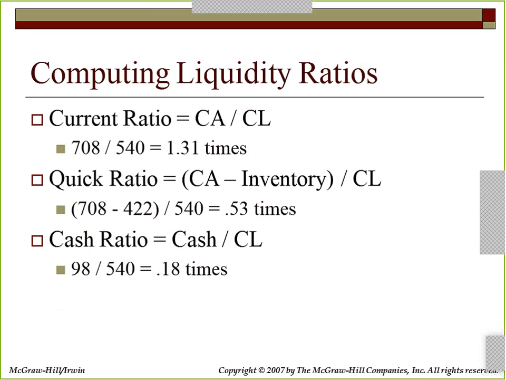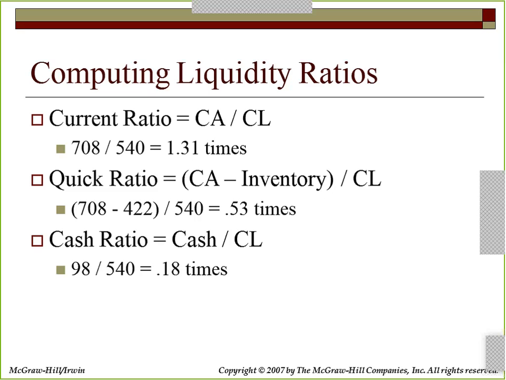You want to be able to cover all of your current liabilities with the current assets. So by definition, you'd like that ratio always to be 1 or greater. The quick ratio is exactly the same as the current ratio, except we subtract out inventory. If you're liquidating the assets of a company, the slowest moving assets, you guessed it, are going to be the inventory.